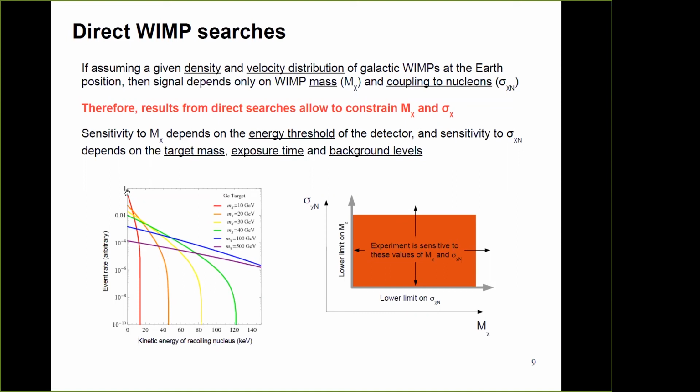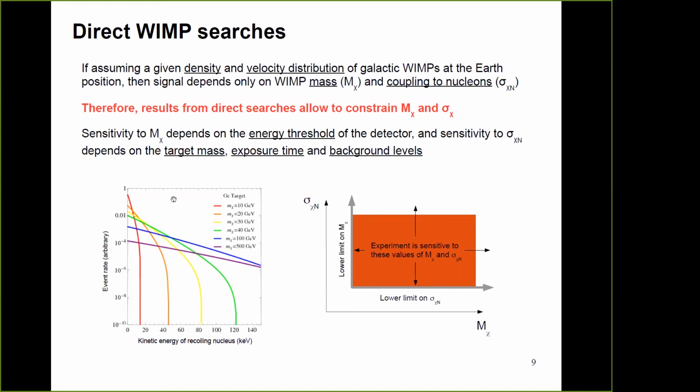And we see that the energy spectrum, red is the lightest one, and then increasing in mass, is softer for a lower mass, and as the mass increases, the spectrum gets a bit harder. So whether the energy spectrum is harder or weaker gives information on the mass of the dark matter particle.